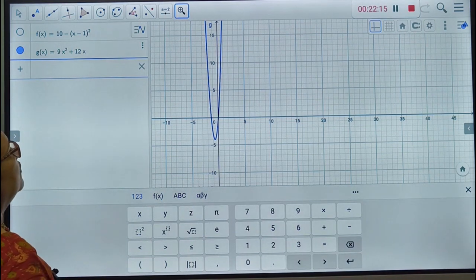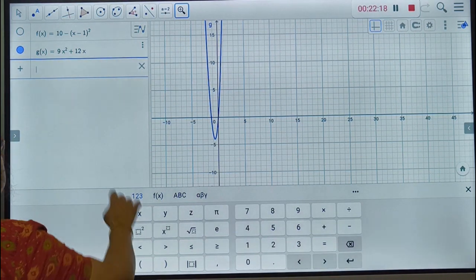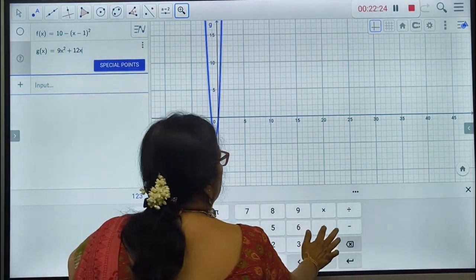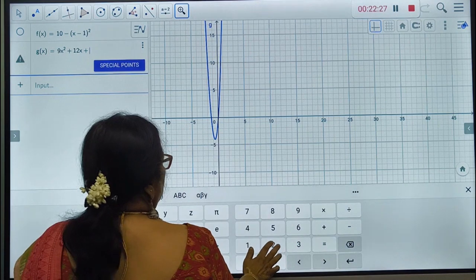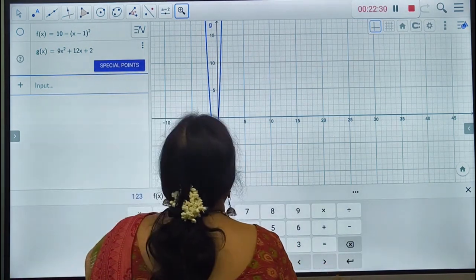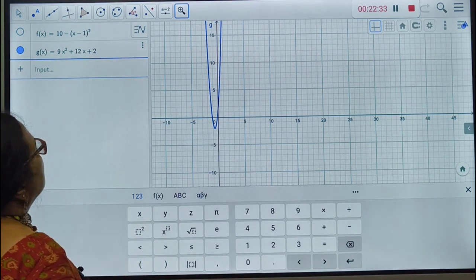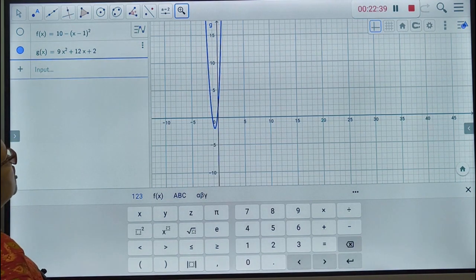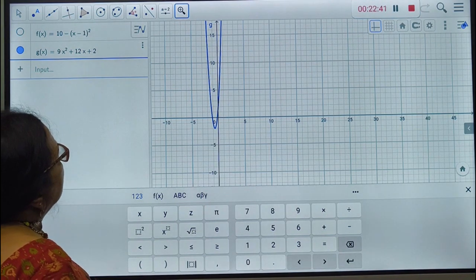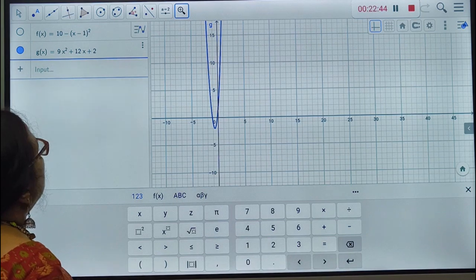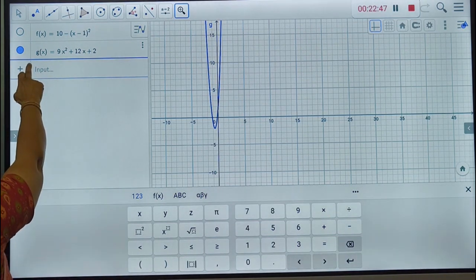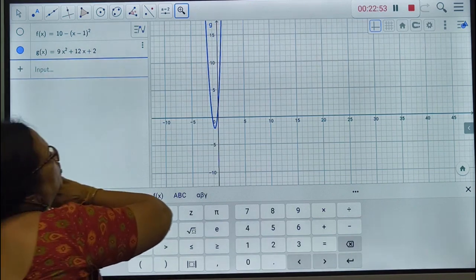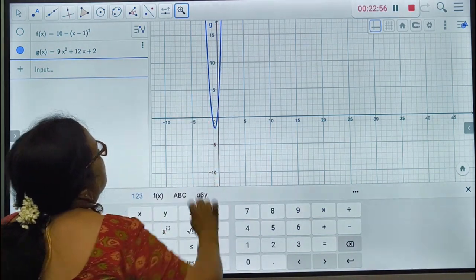So this is a graph of 9x square plus 12x plus 2. How do you check whether the graph is correct? When I put x equal to 0, y should be 2. So does it cut the y-axis at 2?